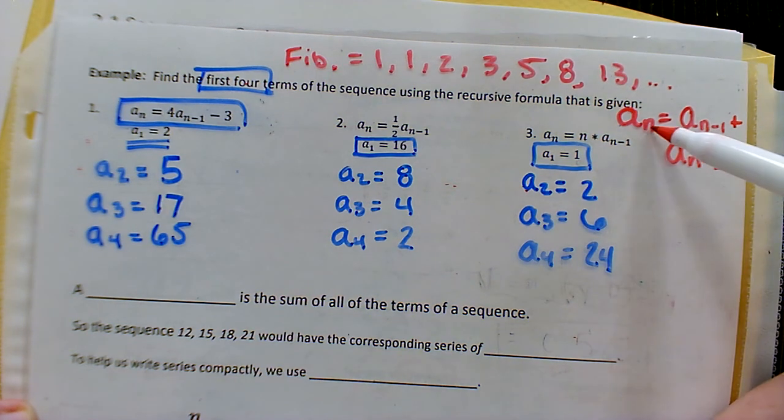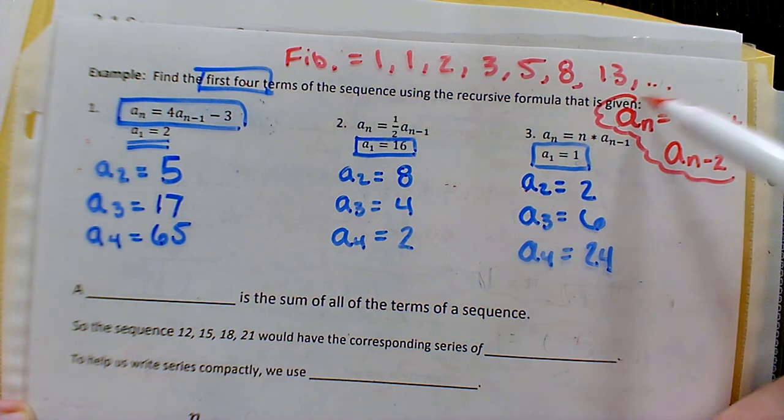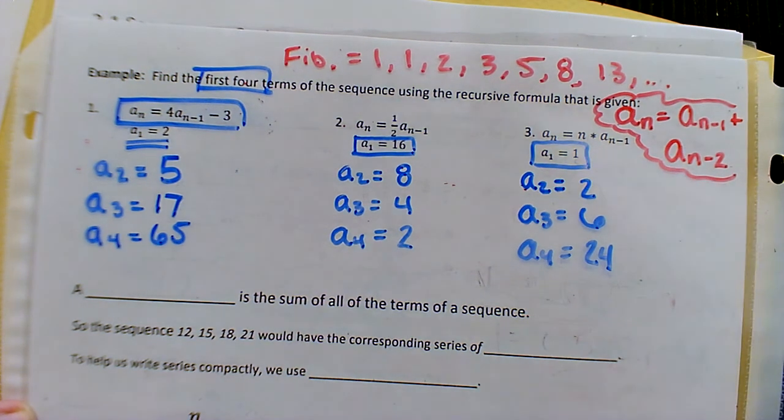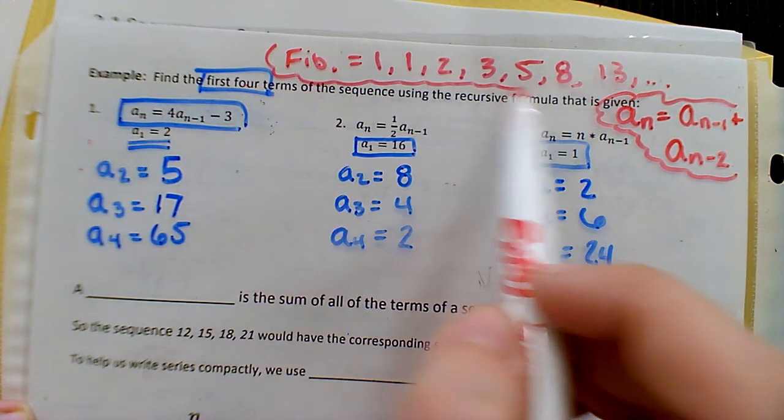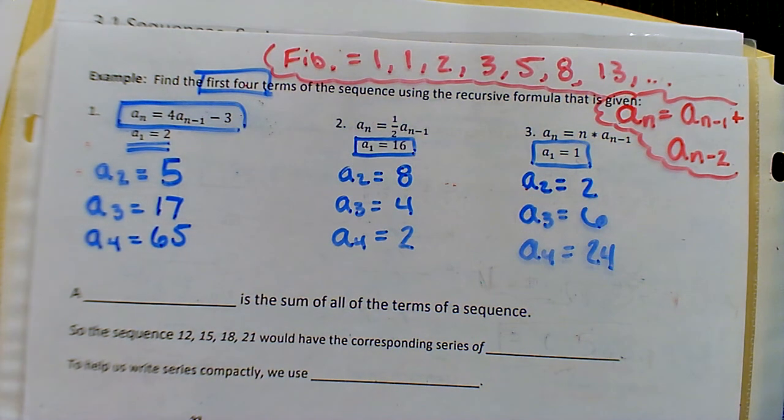If you wanted to find the 13th term, you'd have to add together the 12th and the 11th term, the previous 2. So that's the recursive rule for the Fibonacci sequence. There is so much cool information about the Fibonacci sequence. It's one of my favorite things in math. And if we have time before the end of the year, I'm going to show you all the different connections with the Fibonacci sequence. One of my favorites.